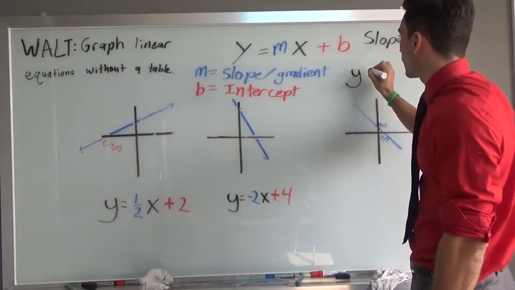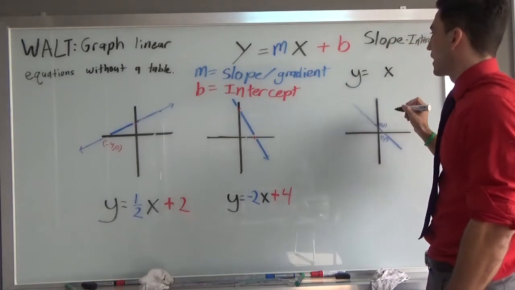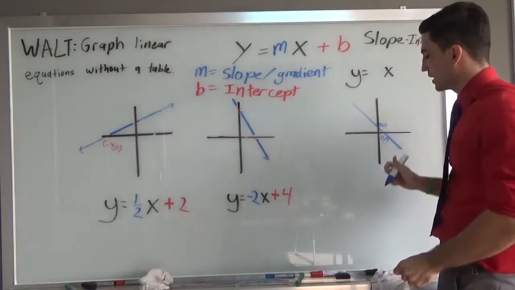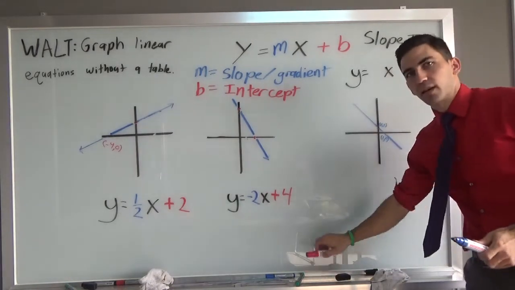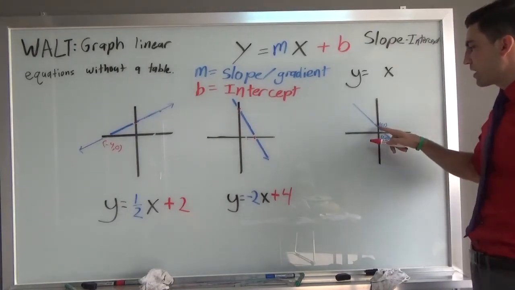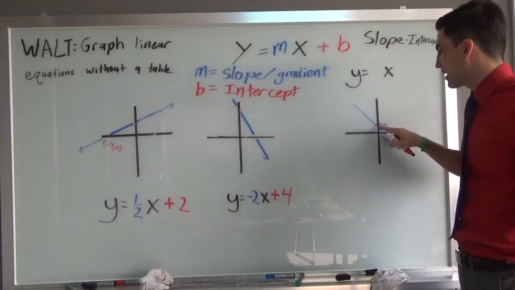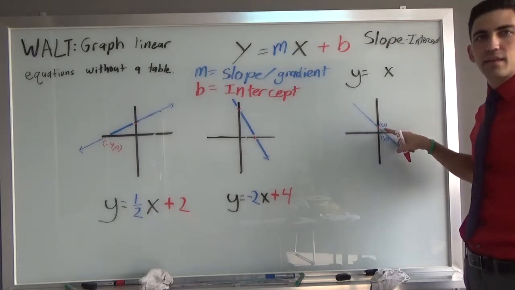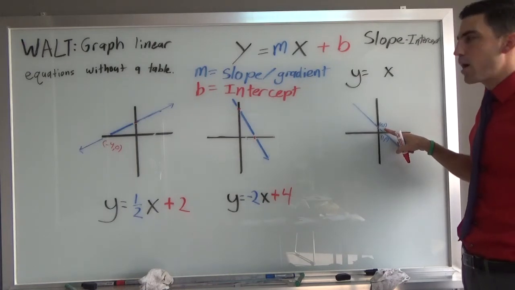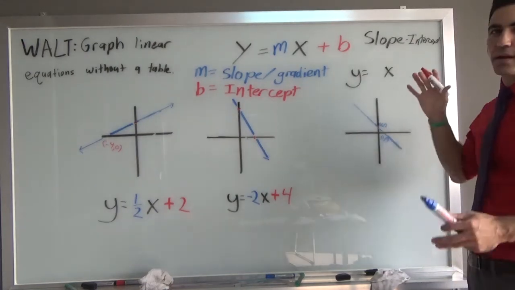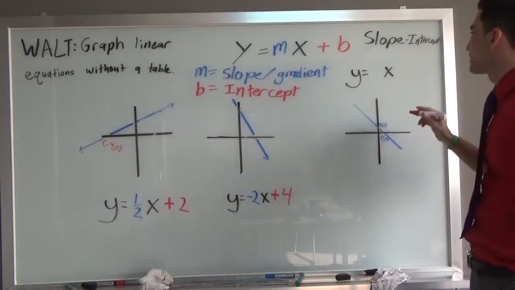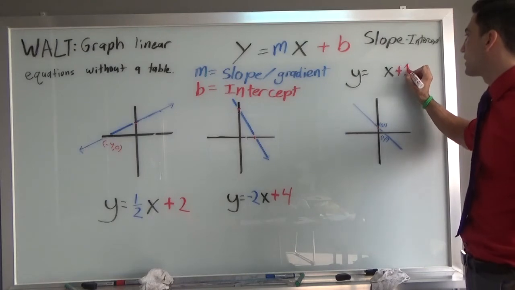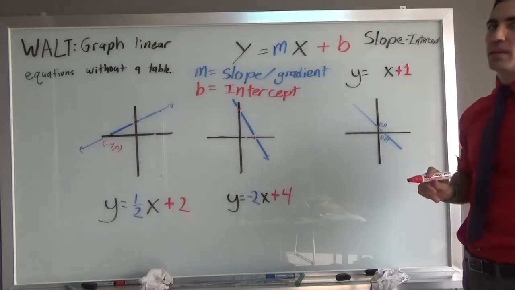I'm going to start by putting y equals blank x. Now, the first thing that I might want to look for is where does it cross the y-axis? Well, I can see it is at the location (0, 1). So (0, 1) is the y-intercept, giving me a +1 as my b.